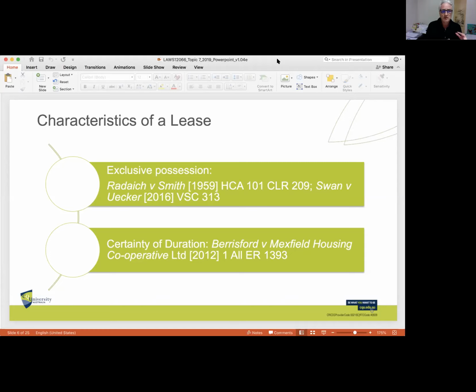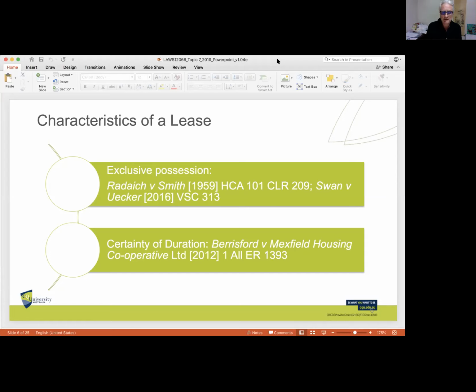Just because a document, for example, is headed up as a lease doesn't mean that it reflects a lease or the creation of a lease. It must be a lease according to the requirements of law, okay? And the law looks to these essential characteristics. And these characteristics relate to exclusive possession and certainty of duration.